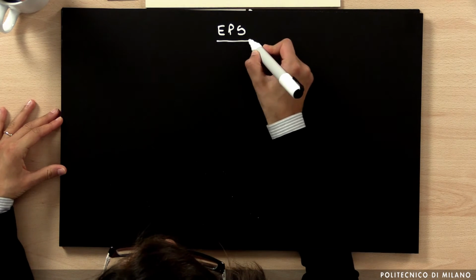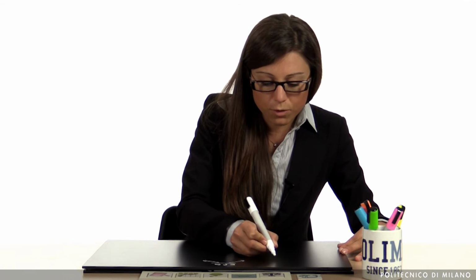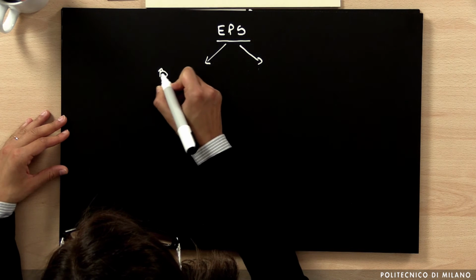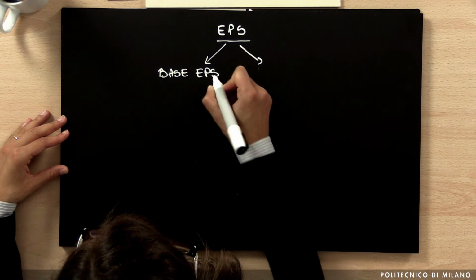And the earning per share can be calculated by adopting two different formulas, and both of them are shown within the income statement. The first formula considers the earning per share as the base earning per share. What's the formula? How can we calculate the value of one share?